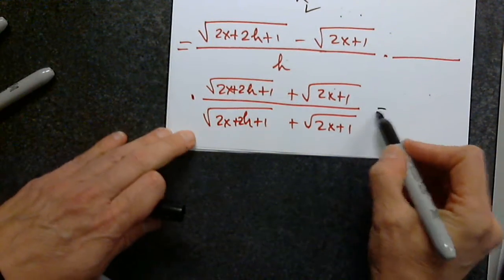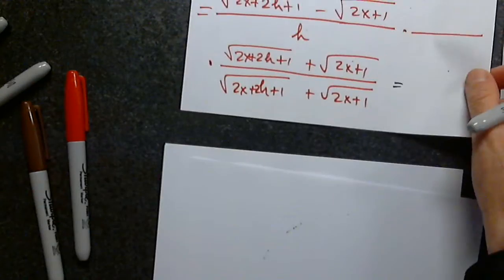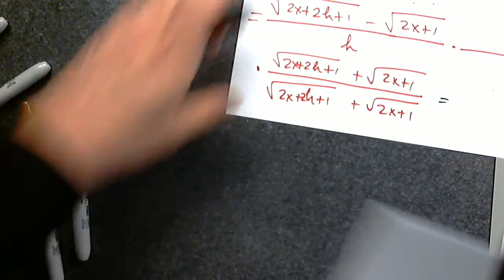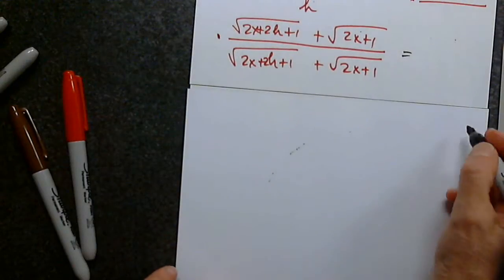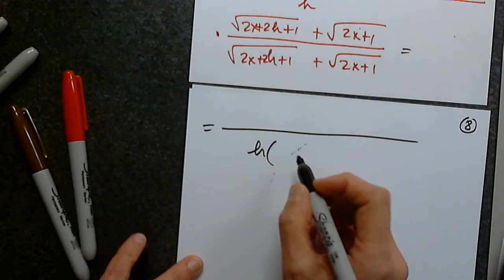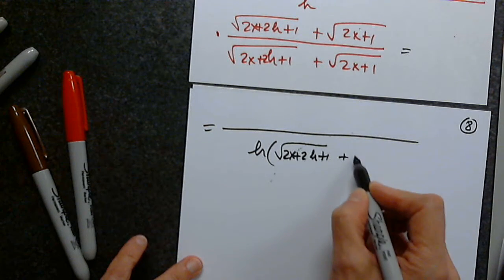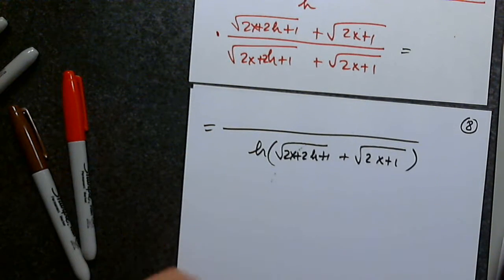So what do I get? Do not do anything to the bottom. Do not distribute h, just copy the denominator.